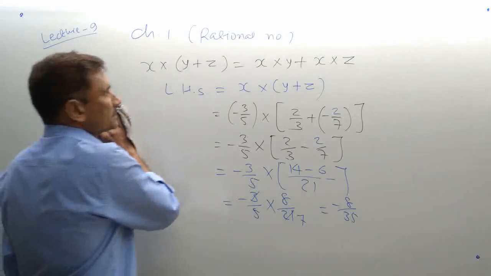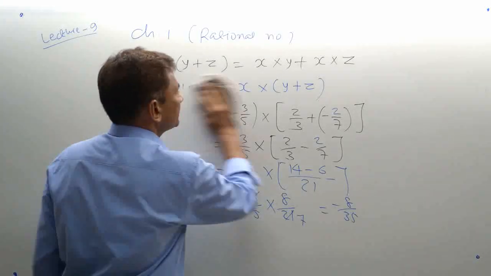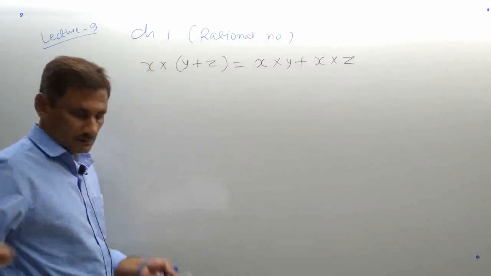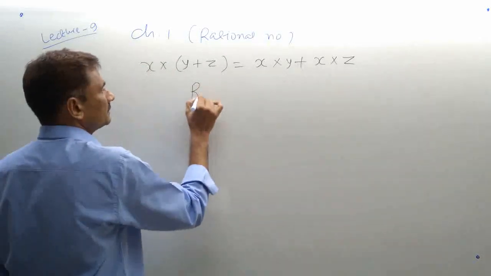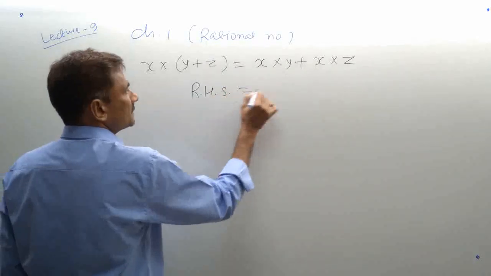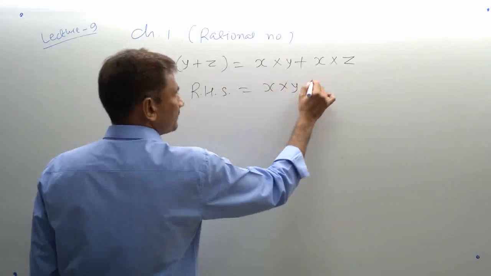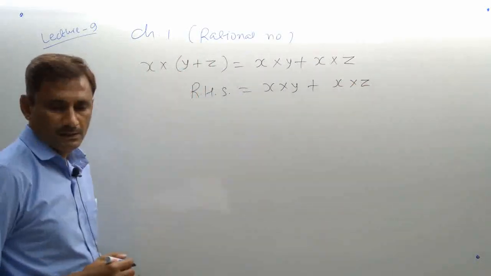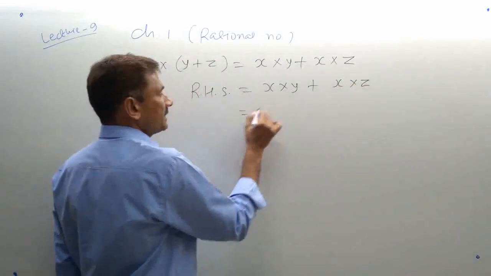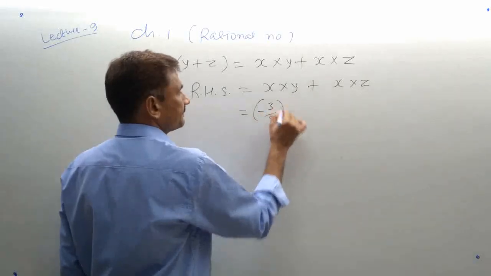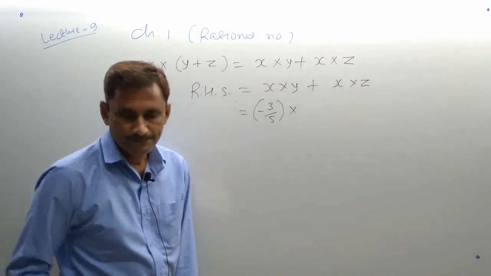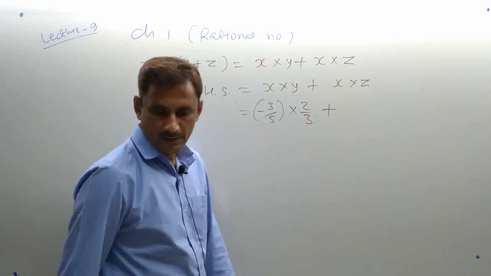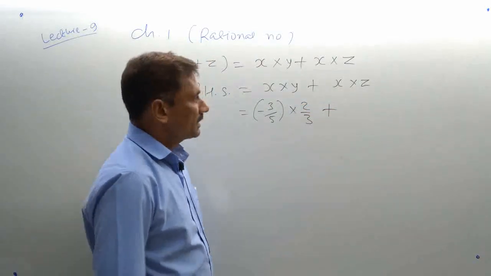Okay, so now let's write here the right hand side. So it is x multiply y plus x multiply z. Okay, it is minus 3 by 5, x is y, 2 by 3, plus x multiply z.